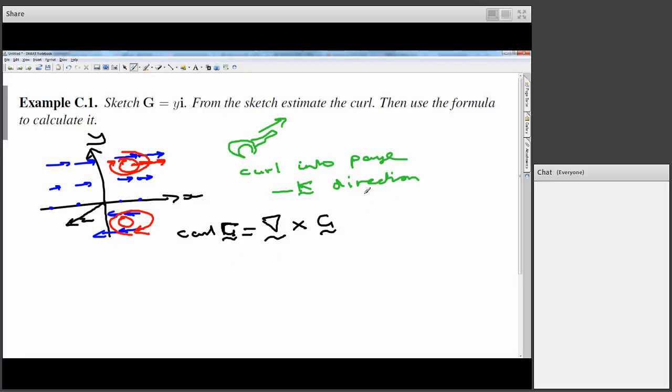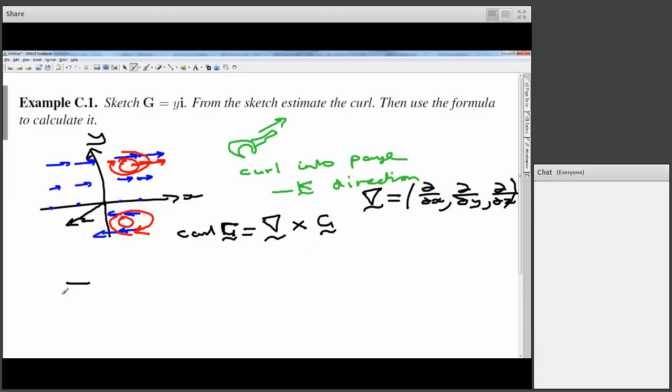Nabla here is just short for the vector consisting of partial with respect to x, partial y, partial z. So it's the i, j, k components, or you write the vector. That's what it stands for.